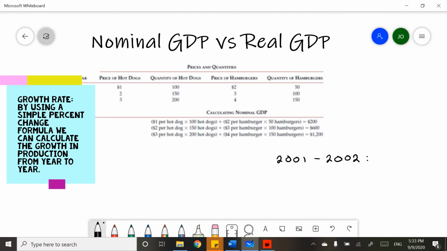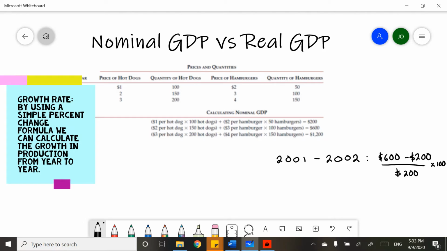we have a 200% increase. How do we get that? Simple. We take the 600 minus the $200 from the first year and divide it by 200. We then multiply this times 100 to get a percent change.